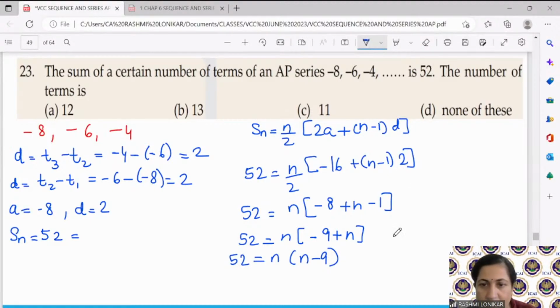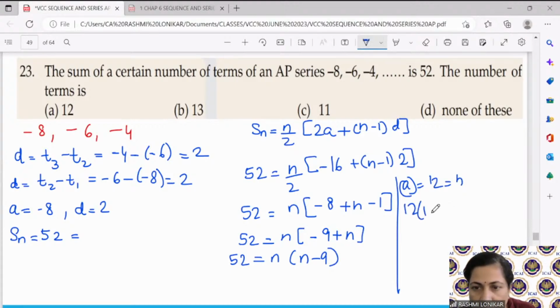Okay. Now here I can take the values from the options A, B, C, D. Option A is how much? 12. So if I put n equal to 12 over here, what will happen? 12 into (12 minus 9). 12 minus 9 is 3, and 3 into 12 is 36, which is not equal to 52.